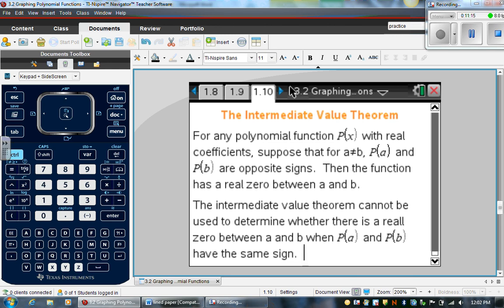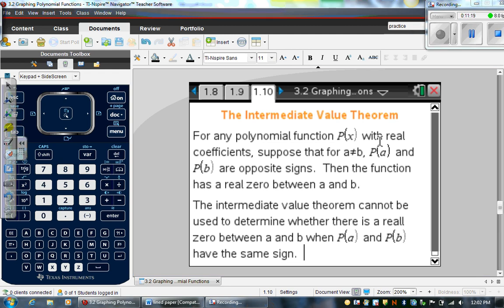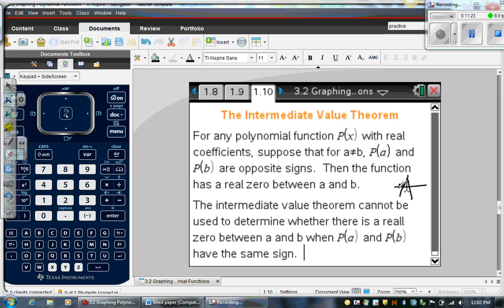So essentially, if that's the case, or it changes signs, that means it's going to cross the x-axis in between those values of a and b. Okay?